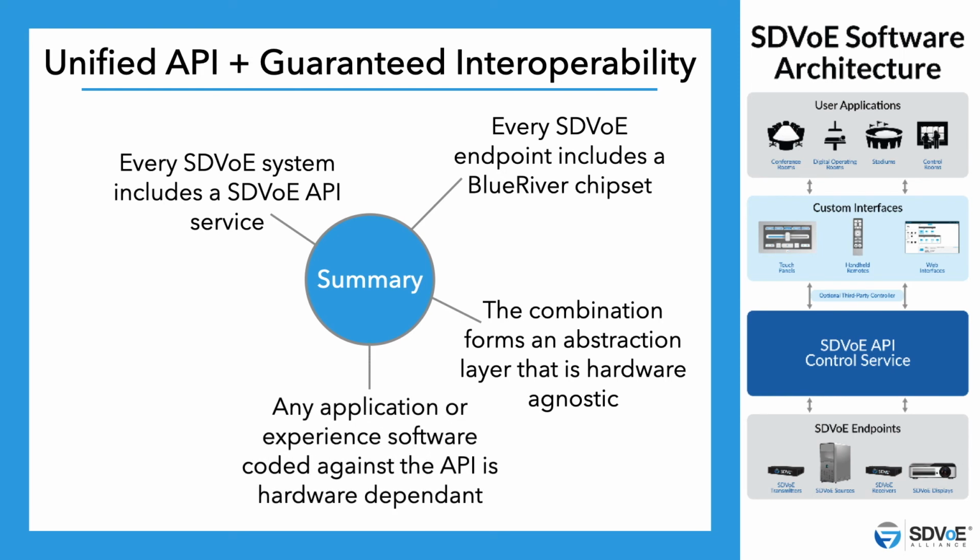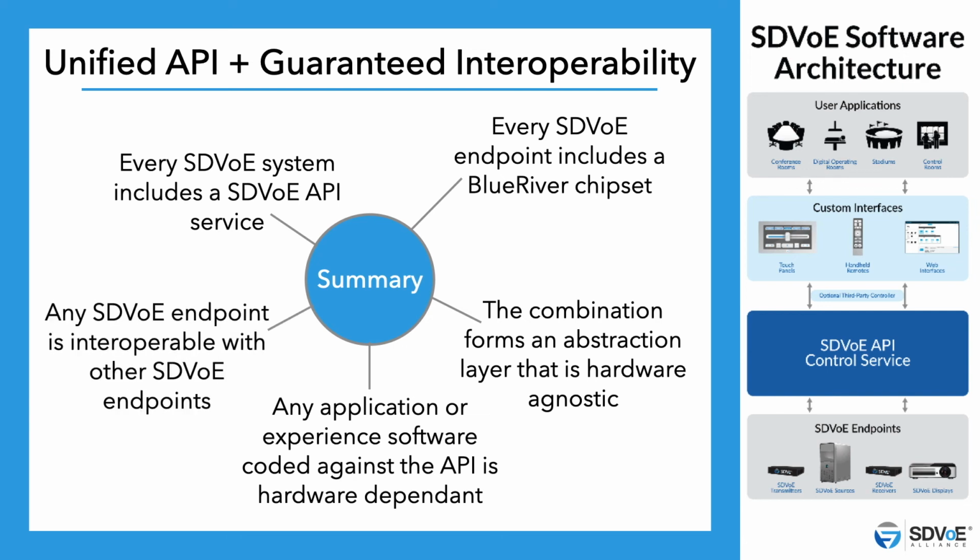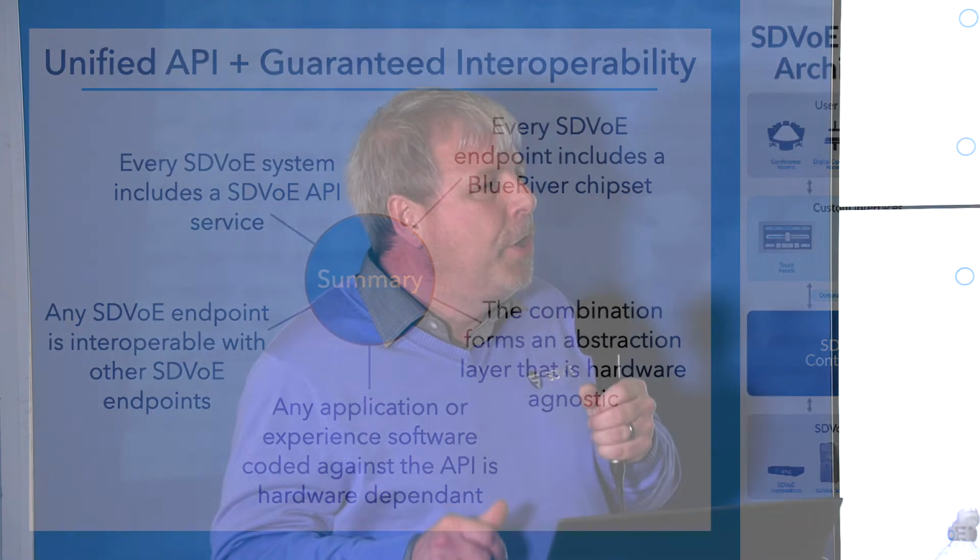So any application or user interface or graphical user interface that is used to control your system is basically coded against the API, and by itself it's hardware independent. And because of all of this, every SDVoE endpoint that has this Blue River chipset is basically interoperable with each other and can be controlled together with other endpoints using the SDVoE API.